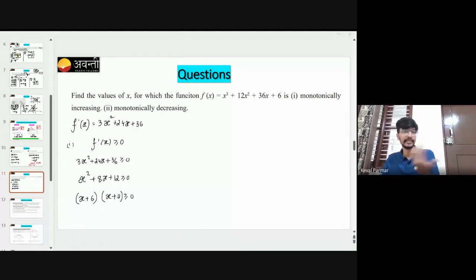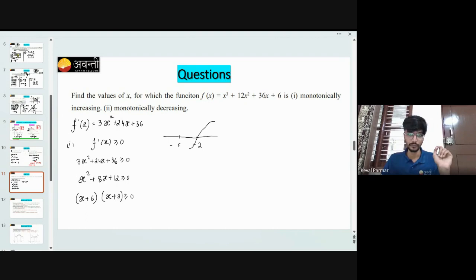But if we're doing an MCQ paper, then we can use the best method for inequality, which is the wavy curve method. I hope you remember the wavy curve method. What does the wavy curve method say? Draw a number line, plot the critical points which are -6 and -2, and draw a wave starting from the positive side.